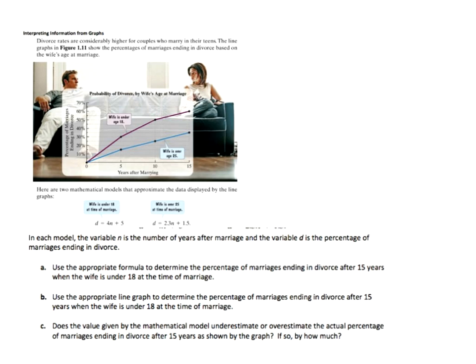Okay, so this last slide, I know it's a little difficult to see. It was tough fitting everything on this one slide here. What you're seeing here are divorce rates for couples who marry in their teens. The line graphs in the figure show percentages of marriages ending in divorce based on the wife's age at marriage.